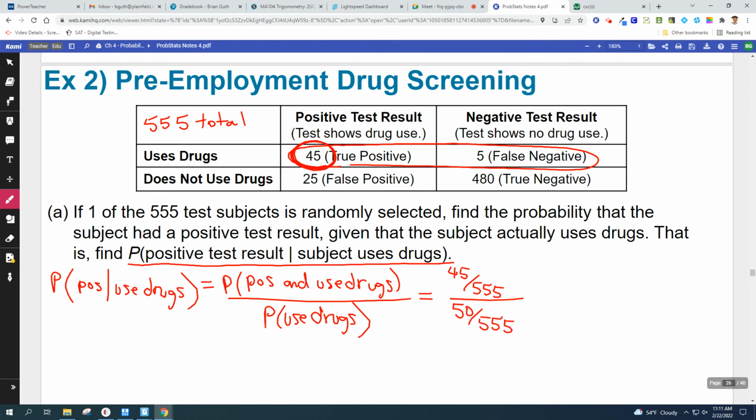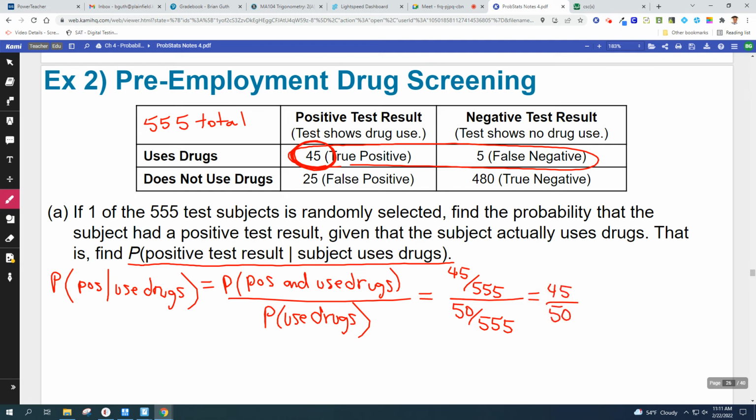Now, I think this is silly to write that step because I feel like I've wasted a little bit of ink, because those 555s are going to cancel out. Essentially, all we're doing is taking 45 out of the 50 total. And that's what this reduces to anyway. 45 out of 50.